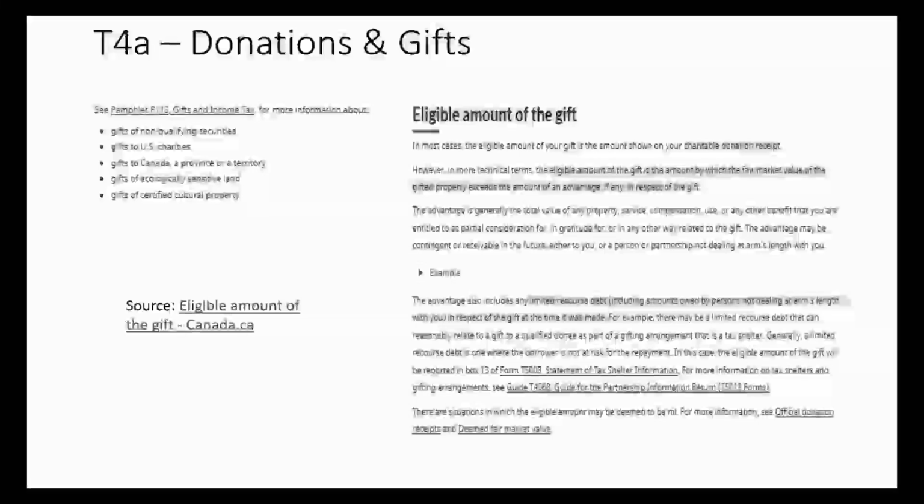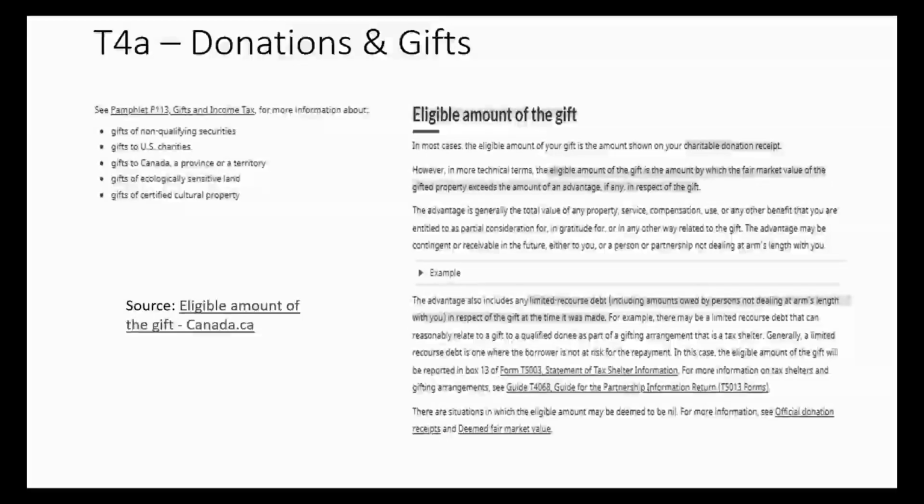The advantage may be contingent or receivable in the future either to you or a person or partnership not dealing at arm's length with you. The advantage also includes any limited recourse debt, including amounts owed by persons not dealing at arm's length in respect of the gift at the time it was made. For example, there may be a limited recourse debt that can reasonably relate to a gift to a qualified donee as part of a gifting arrangement that is a tax shelter.